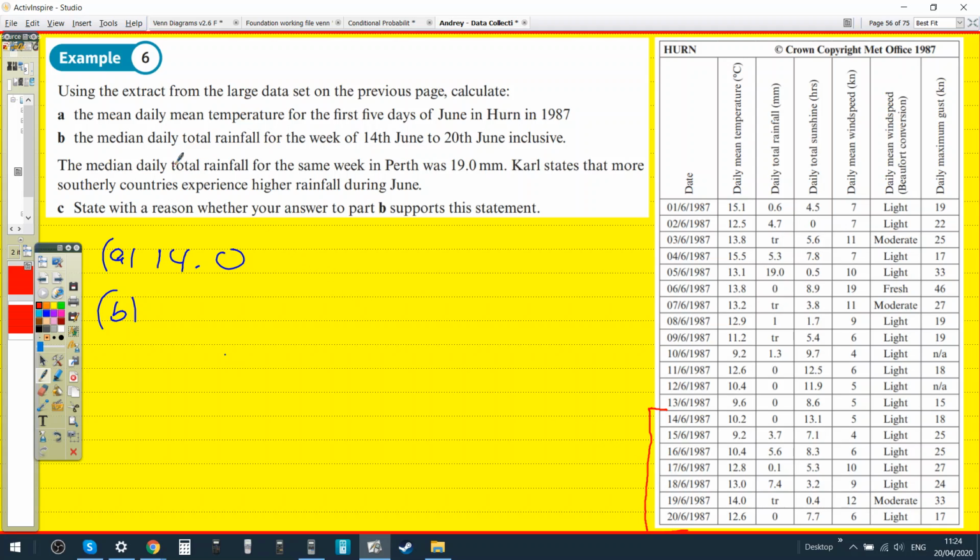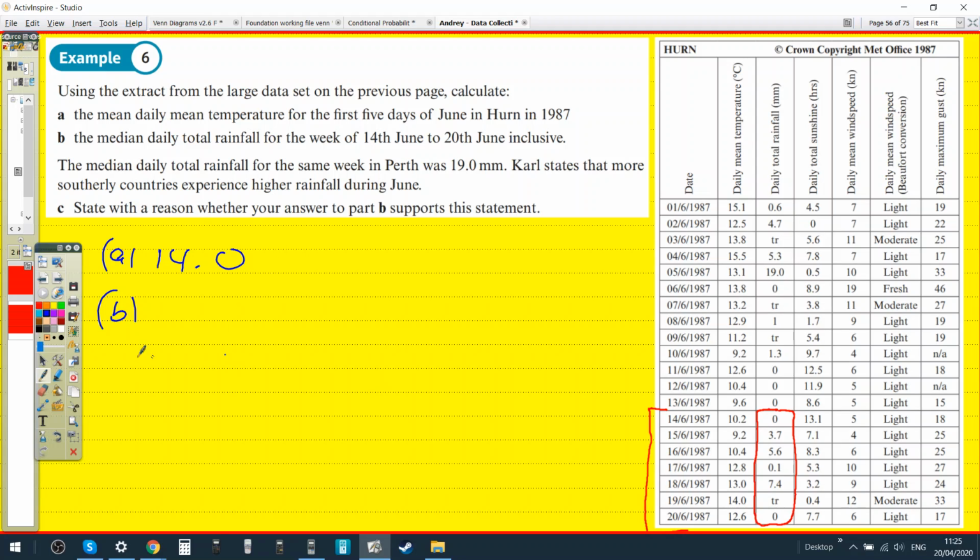So the median daily total rainfall. Oh, sorry. The median daily total rainfall. So daily total rainfall is the second one. Where should I put that TR thing? I don't know. TR. Total rainfall. Maybe just cross it out. Maybe it's like NA or something.